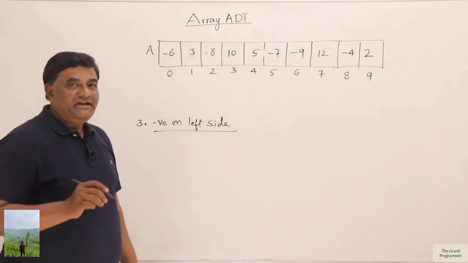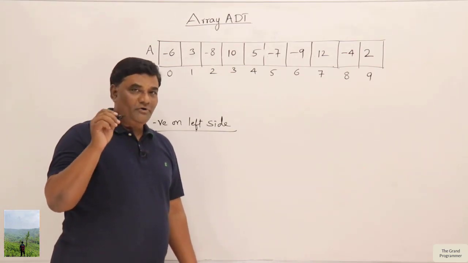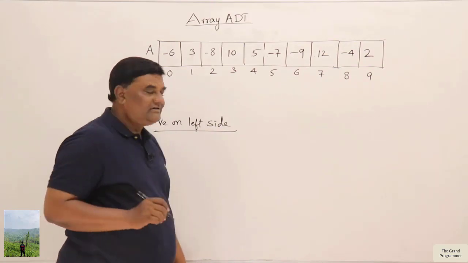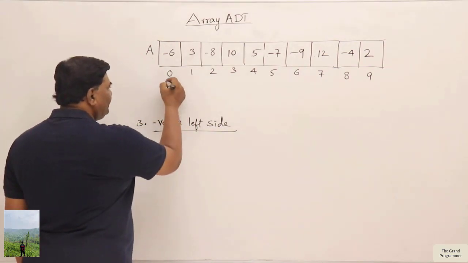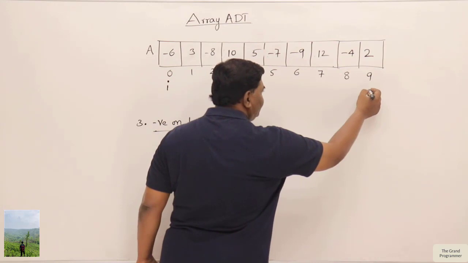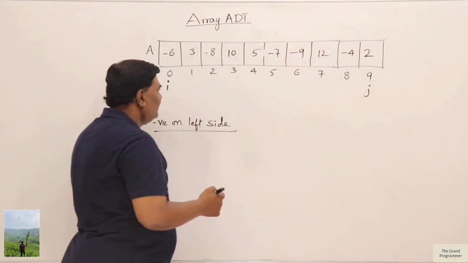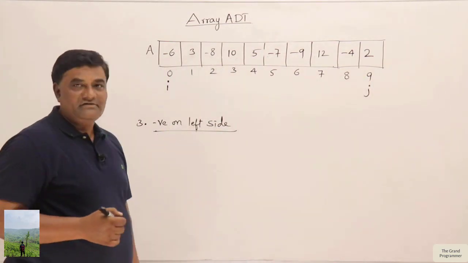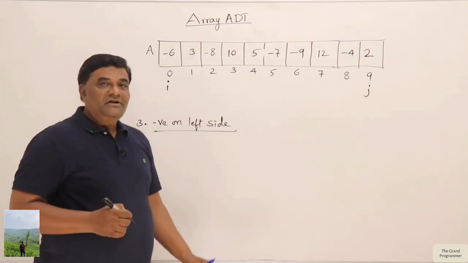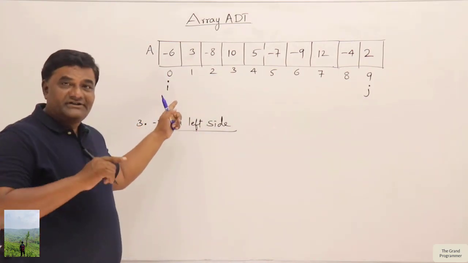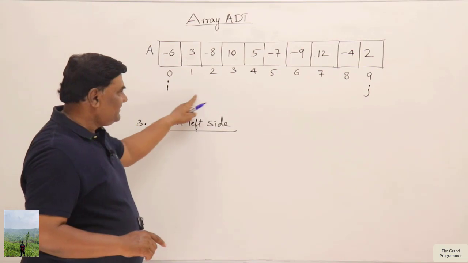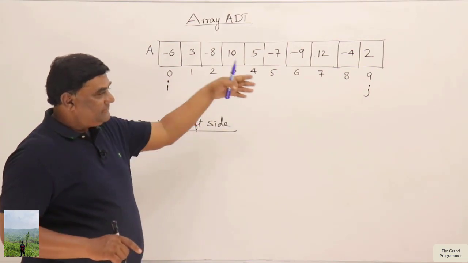For this we can take two index pointers. One is i from the beginning of the list and one is j from the end of the list. Using i, we look for positive numbers. If there are any positive numbers on this side, let us send them there.